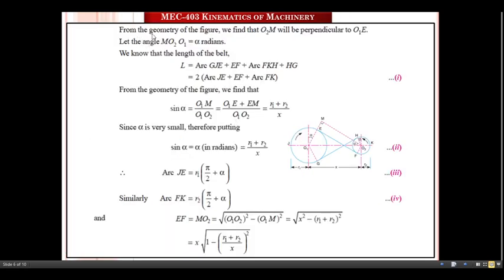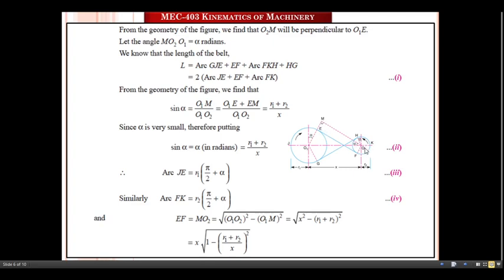For that, from the geometry we find that here O2M will be perpendicular to O1E. So O1E is here. Just extend this line.